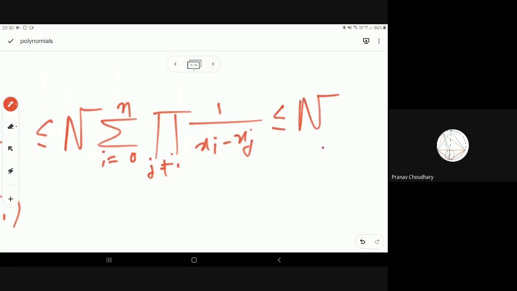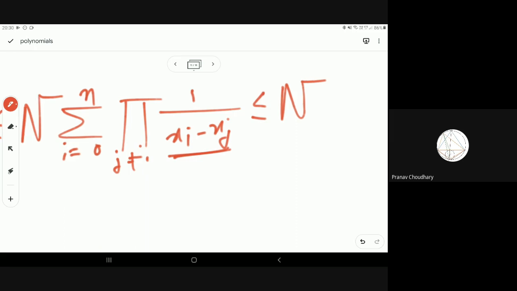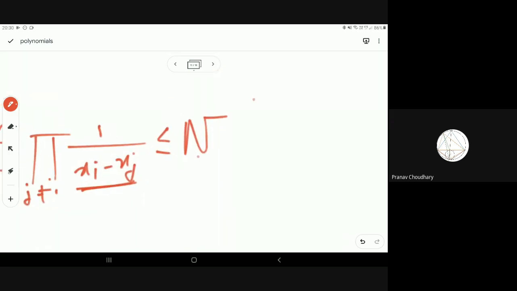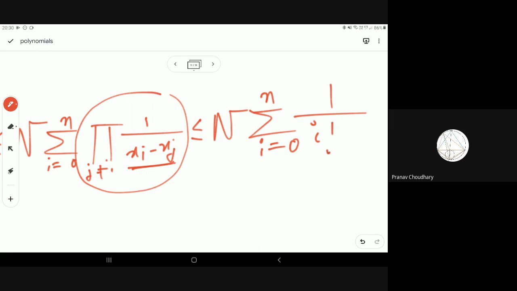Then again, this product, for any xi, xj, is maximized when you pick them to be 0, 1, 2, 3, 4 up till n, right? To prove this you can just work it out for yourself. It's a trivial fact, easy to see. All right, so in other words you can bound this thing by i factorial times (n minus i) factorial.